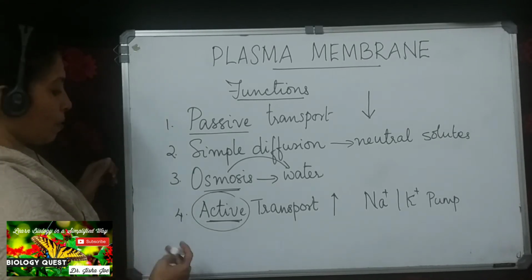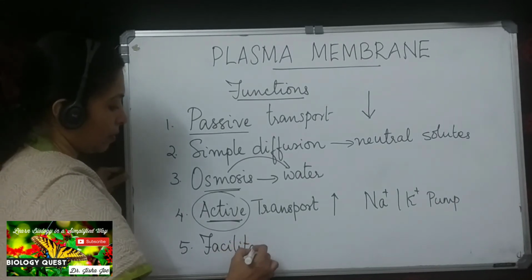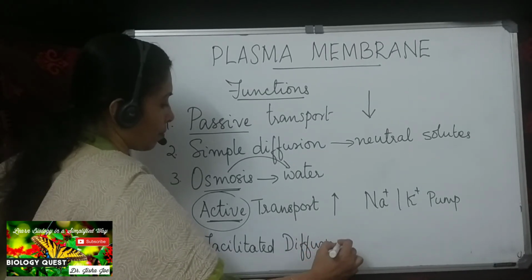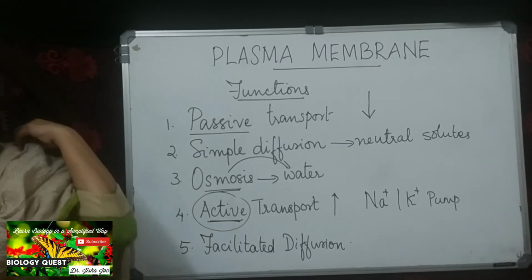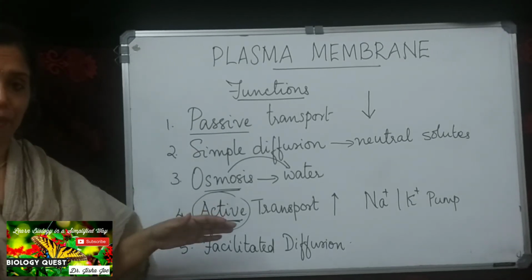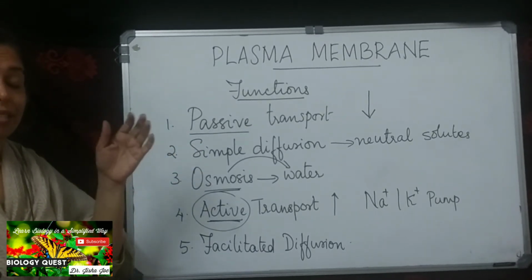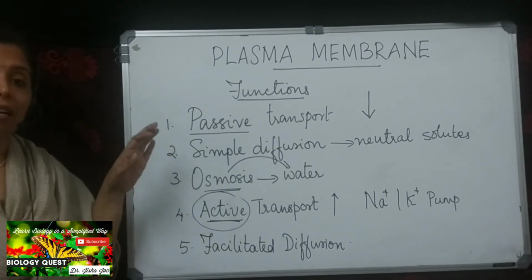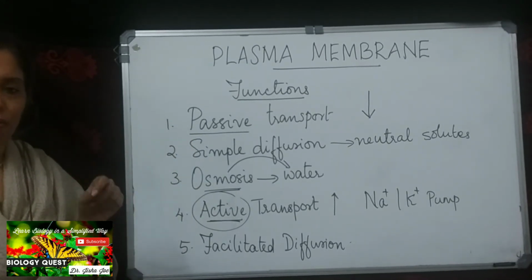Another type of transport occurring is facilitated diffusion. Okay, in facilitated diffusion, we have studied the structure of the plasma membrane, and substances that are soluble in lipids can easily pass through the plasma membrane, whereas it is difficult for substances that are insoluble in lipids to pass through the phospholipid bilayer.